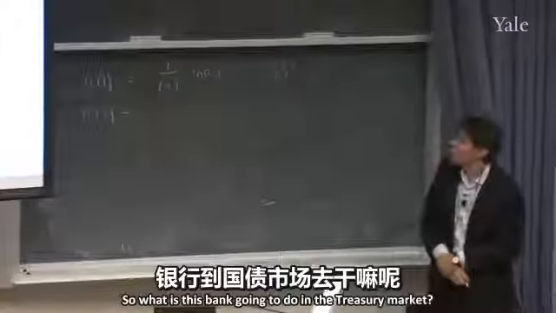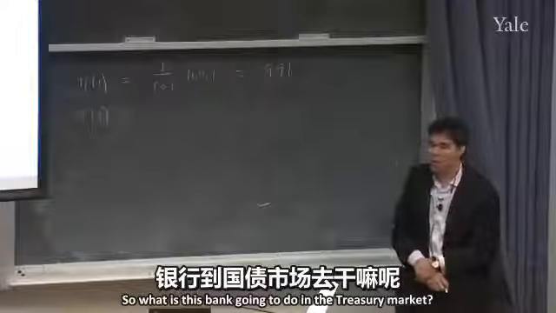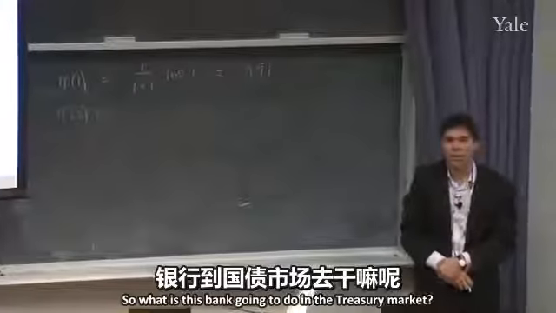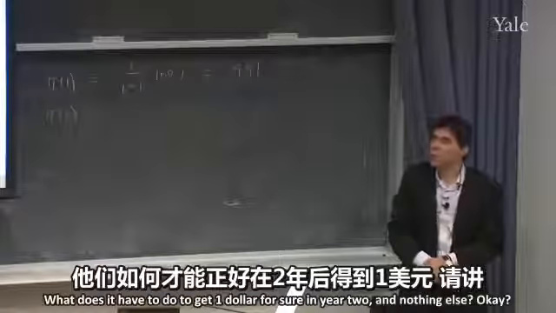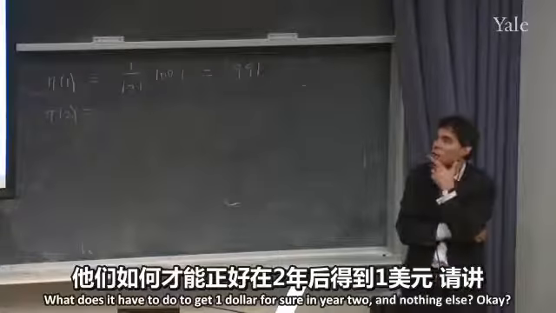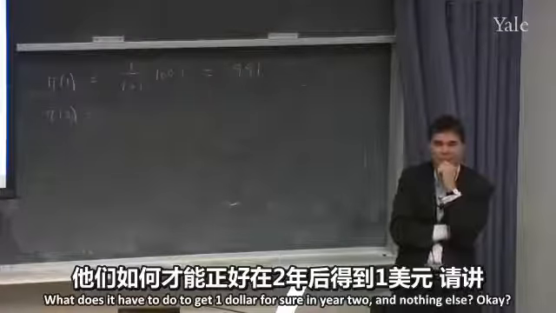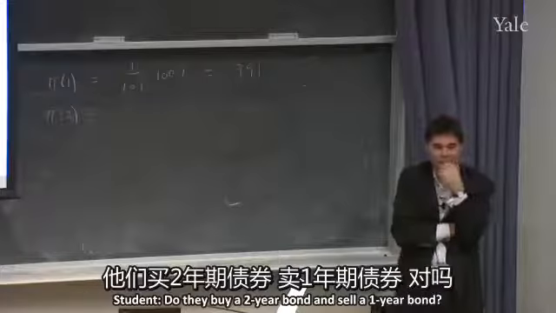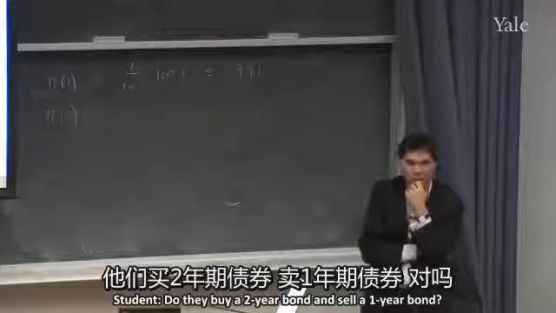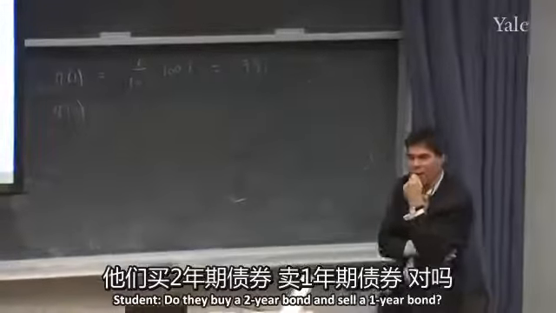So what is this bank going to do in the treasury market? What does it have to do to get $1 for sure in year 2 and nothing else? Okay, I think I may have heard someone else mention this. Could they buy a 2-year bond and then sell a 1-year bond?